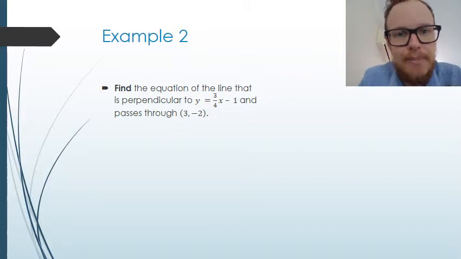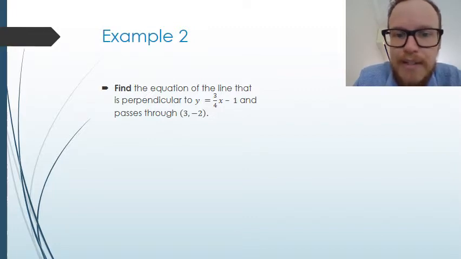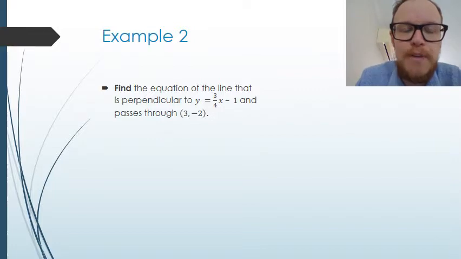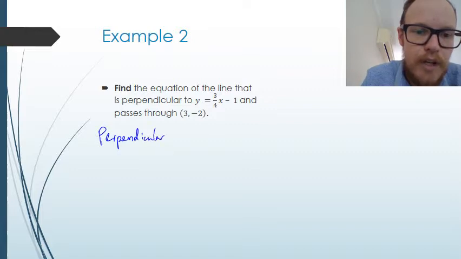For our second example, we're asked to find the equation of a line that is perpendicular to y equals 3 over 4x minus 1 and passes through the point (3, -2). So we know the lines are perpendicular. So that means m2 is equal to negative of 1 over m1.